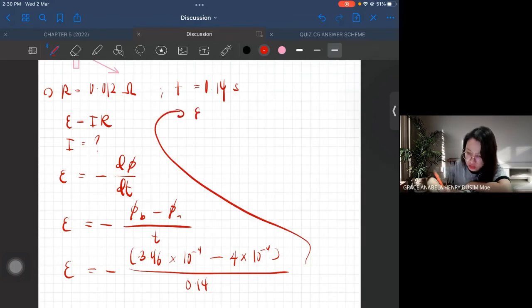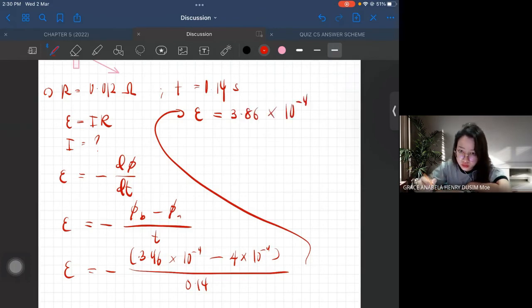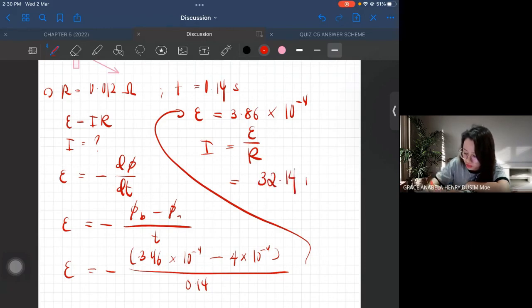So you will get EMF equal to 3.86 times 10 negative 4 volt. From here we use I equal to EMF divided by the resistance, so you will get the current equal to 32.14 milliampere.